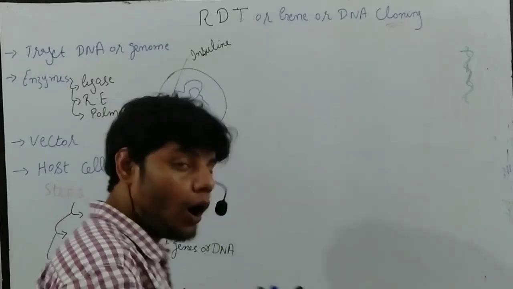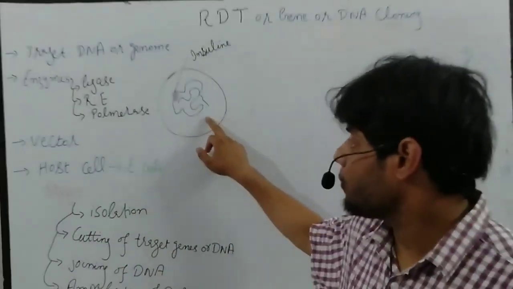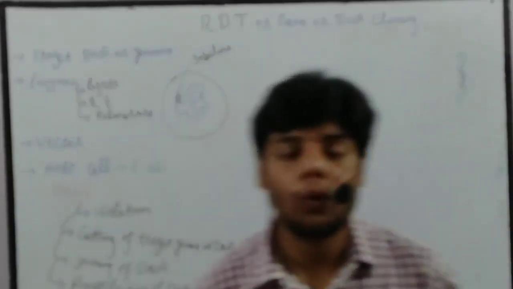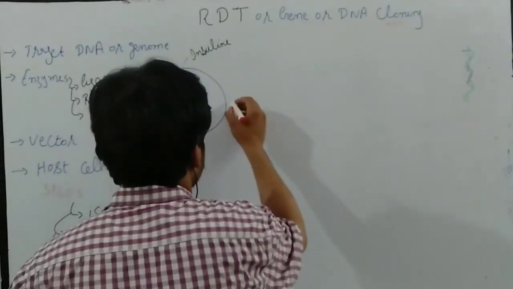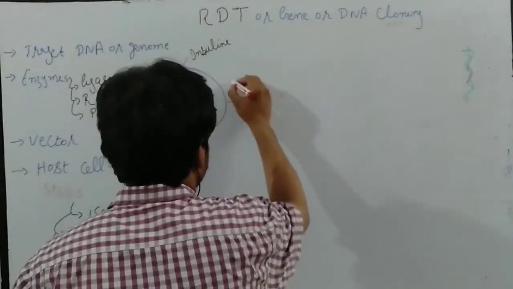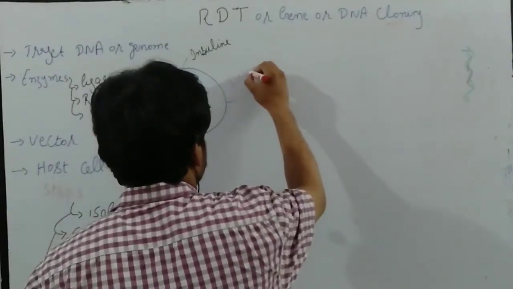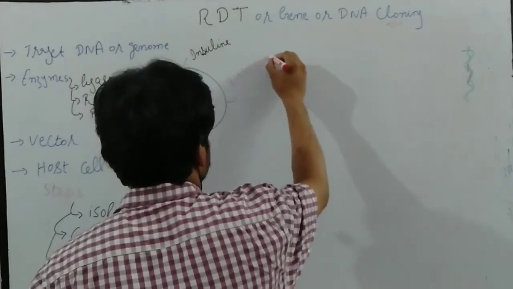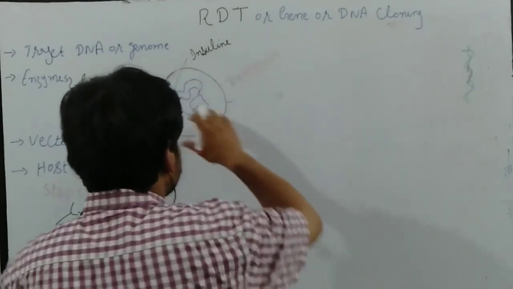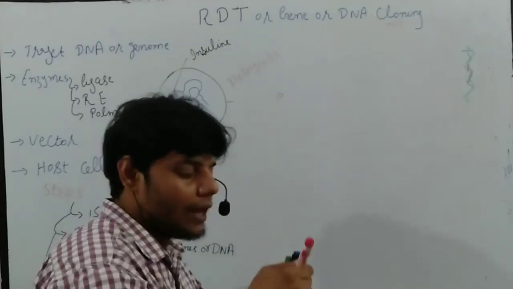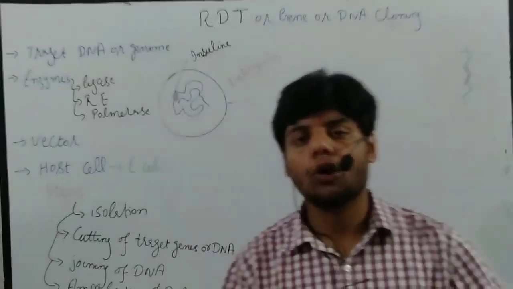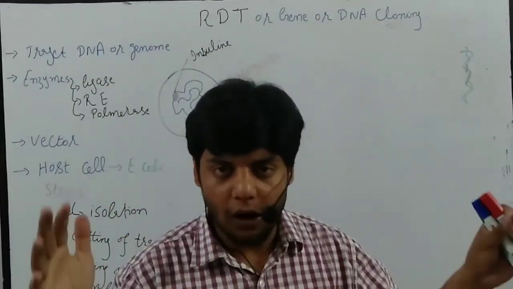Now how do we isolate this genome? We should treat the cell with a detergent. Due to this, the cell membrane is ruptured. All the content inside the cell is released out.